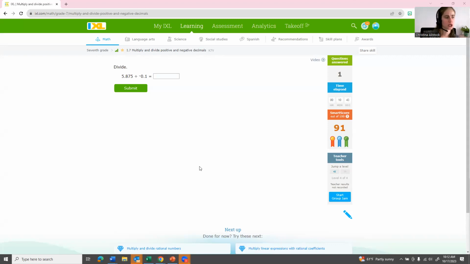So for our problem here, we have 5 and 875 thousandths divided by -0 and 1/10. So I notice that once again, I have another problem where only one number is negative, meaning our answer will be negative. But just as a quick reminder, since we didn't see any of these, if both of your numbers are negative, if they have the same sign, your answer will be positive.